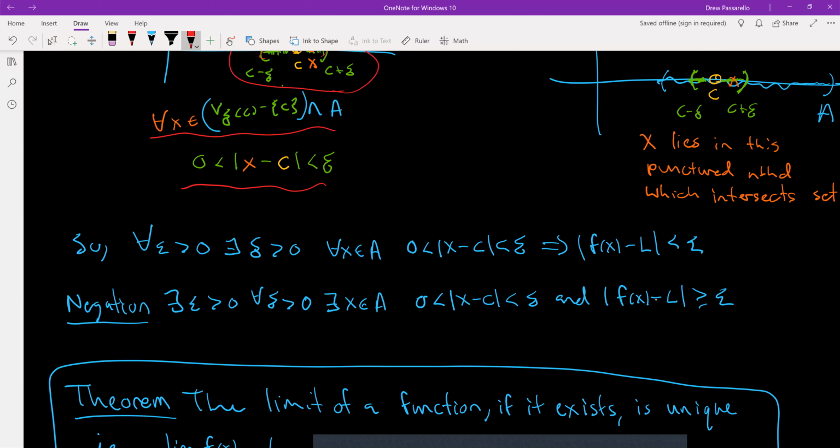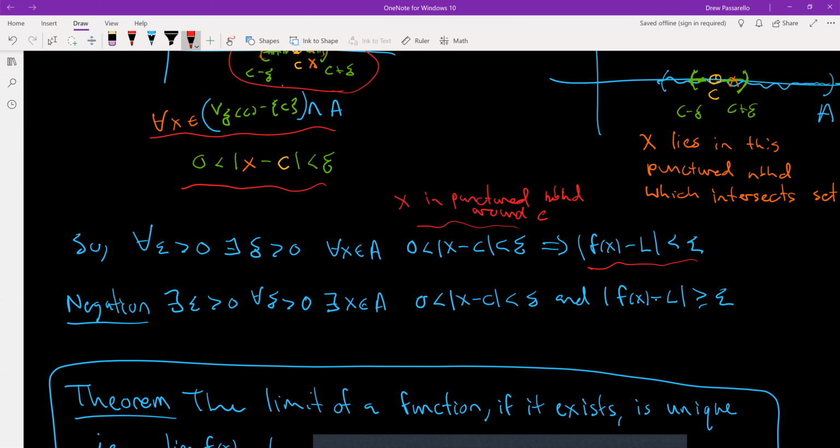So symbolically, we say for all epsilon greater than 0, there exists a delta greater than 0, so that for all x in A such that 0 is less than the absolute value of x minus c, less than delta, so this means we have x in the punctured neighborhood around C with radius delta, then the absolute value of f of x minus L is less than epsilon.